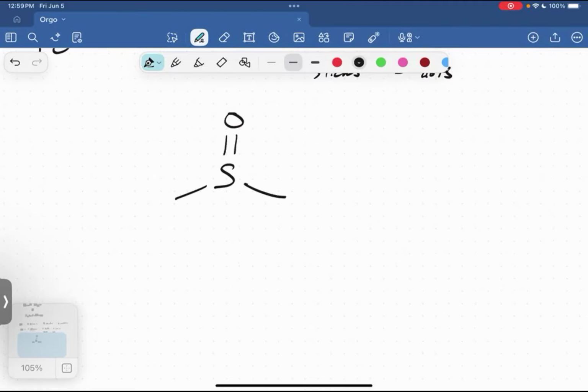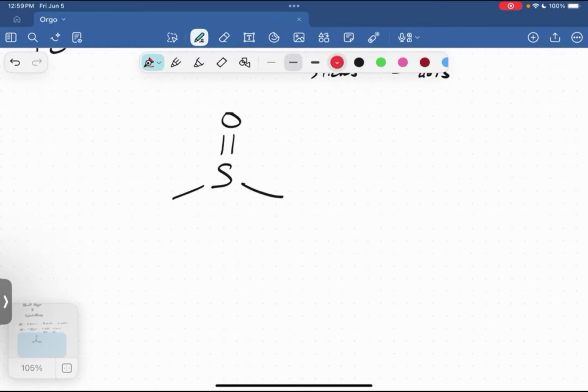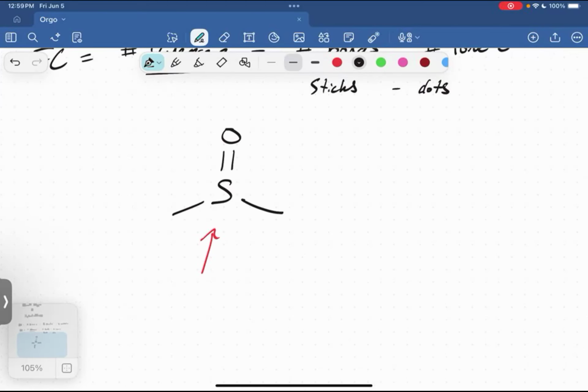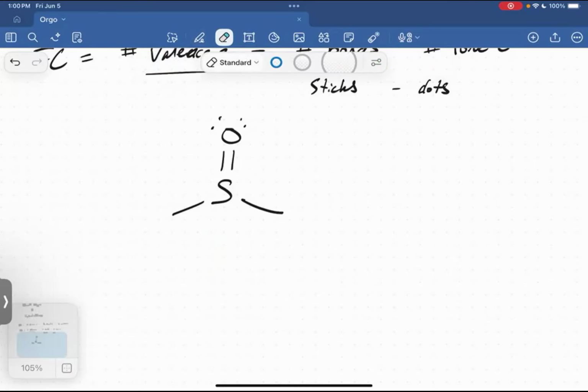How about the formal charge on the sulfur? First and foremost, we should be familiar with the number of valence electrons, and this basically associates with the group number that the atom lies in. Or you know what, how about this oxygen? Because that is a super common atom that's used in orgo.